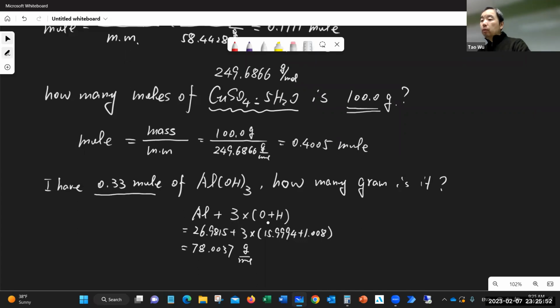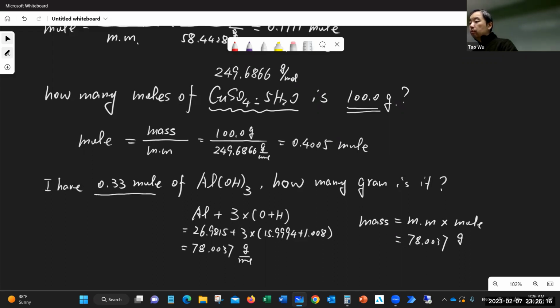Okay, so we have the molar mass of this and we have the mole of this. So the mass of this aluminum hydroxide is equal to the molar mass multiplied by the mole. Molar mass times mole, or mole times molar mass, equals mass. So the molar mass is 78.0037 gram per mole, and you multiply by how many moles we have: 0.33 mole.